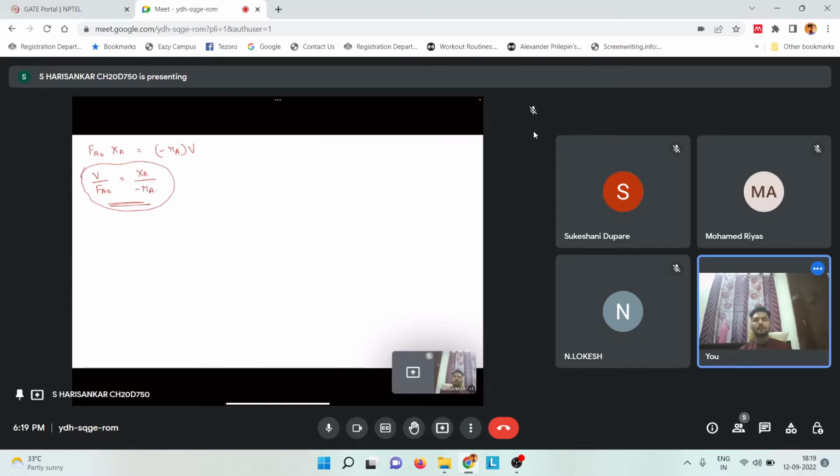We can make new forms of this same equation by having some manipulations to this term. Let's say we are multiplying CA0 on both sides. V CA0 by FA0 is equal to CA0 into XA by minus RA.